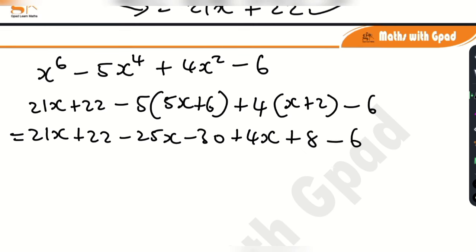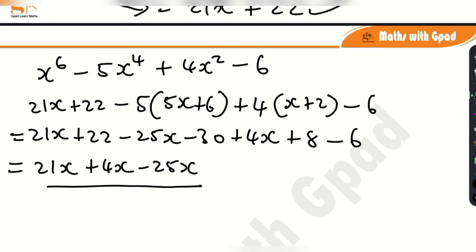And then you have minus 6. Let's rearrange all the terms. We have 21x plus 4x. Let's be careful here. Then minus 25x. I think we are done with the ones that contain x. Let's now bring in the constant term. So plus 22 minus 30 plus 8 minus 6.